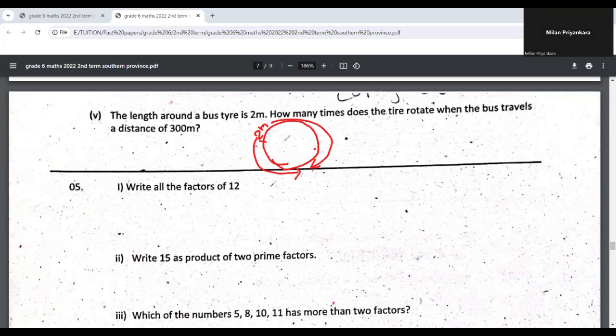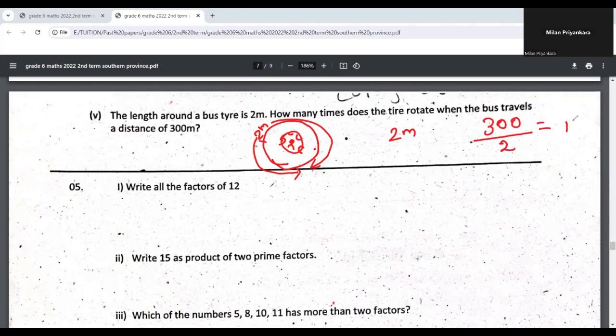So when this tire rotates one circle, it goes 2 meters. So you need to find how many 2 meters are there in 300 meters. For that, you need to divide 300 by 2.